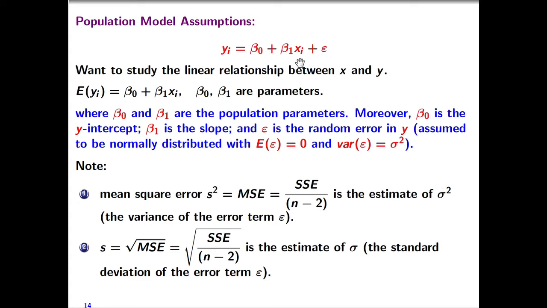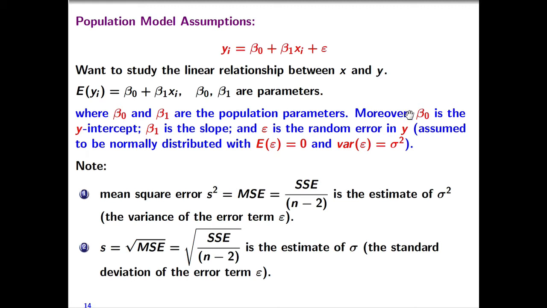Recall the population model has the form yi equal to beta 0 plus beta 1 times xi plus epsilon. We want to study the linear relationship between x and y by taking the expected value of yi, which is equal to beta 0 plus beta 1 times xi, where beta 0 and beta 1 are the parameters.